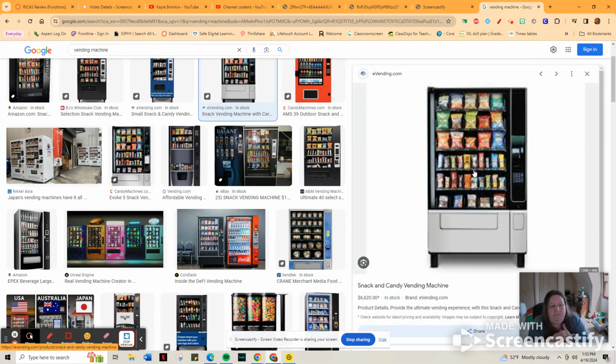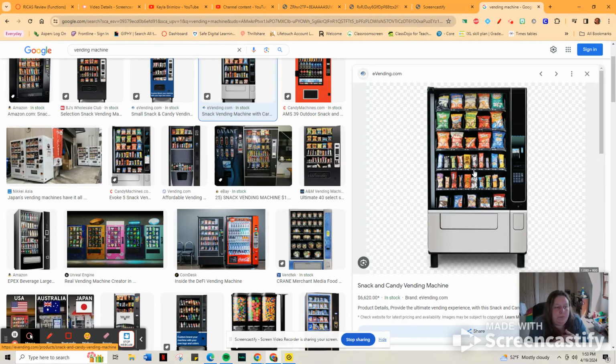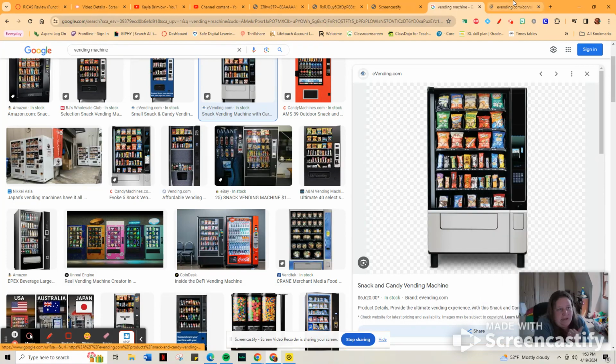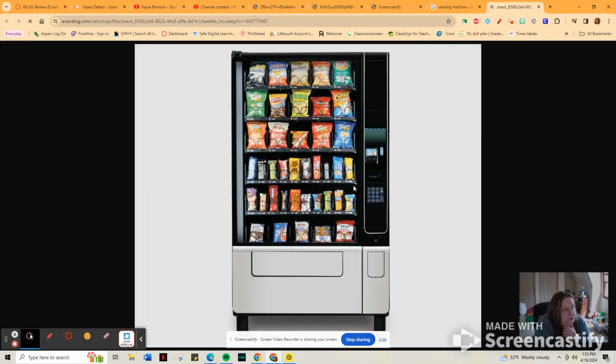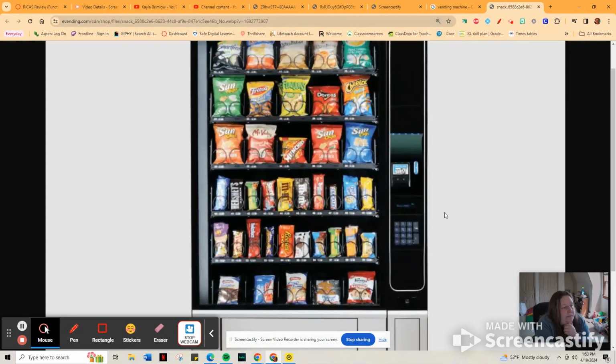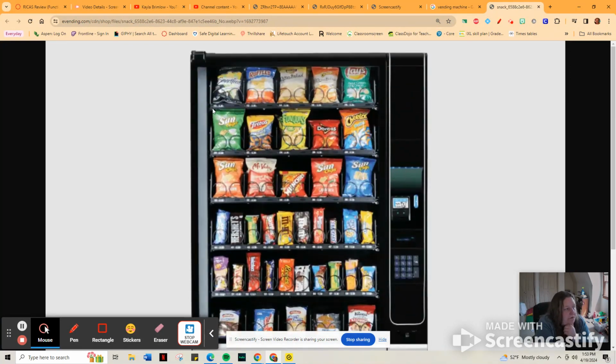So if we think of a vending machine and how it works, you would put your money into the machine and decide what snack you want. You press the buttons. So if I wanted smart food, I don't know what this says. Let's say it says A1. I would put in my money and I would type A1. If I type in the button A1, the only snack I should get is smart food. So we put something into the machine, we type the code, and then we get out of it a snack.